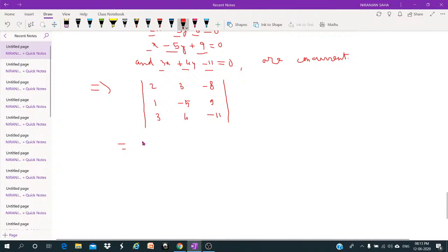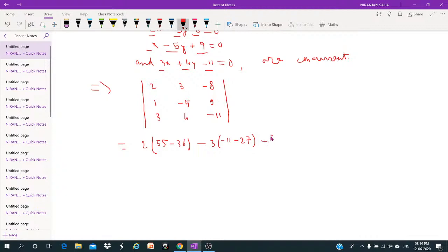this is equal to 2 into plus 5 minus 11 which will be 36. The negative, this is 3, and this will be minus 11, this will be minus 27.